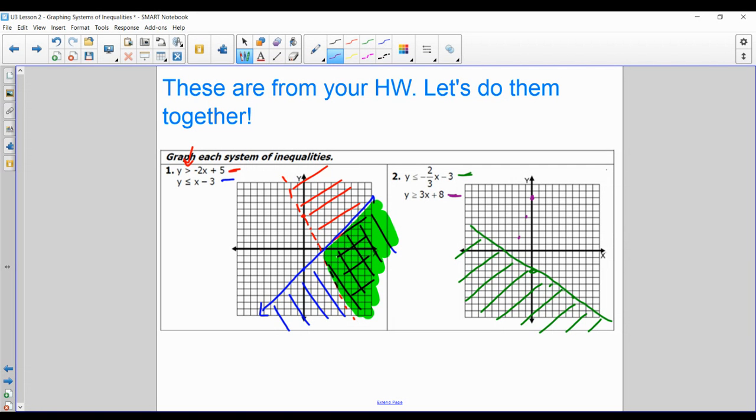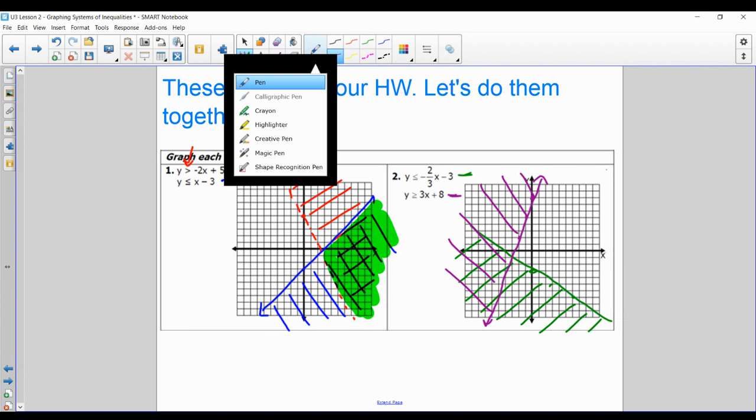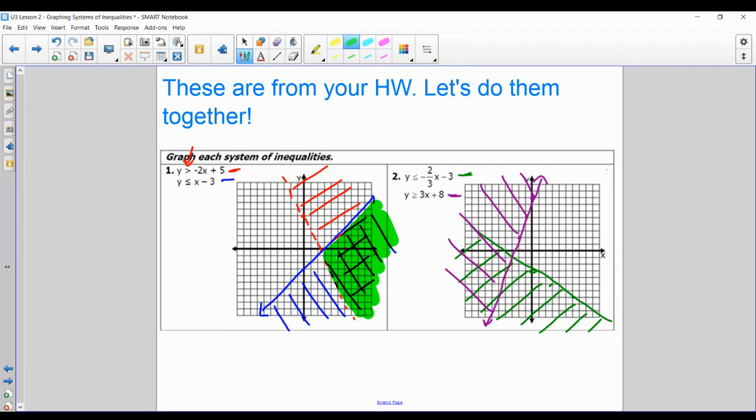It is also a solid line. Shaded greater than, so that's above the line. And the part that makes both of them true at once is shaded both green and purple. So that region is my solution.